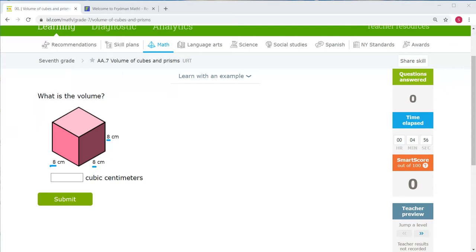So I'm going to do this the long way. I'm going to write out that the volume is equal to the area of the base times the height. This is what I'm going to use to represent the area of the base.